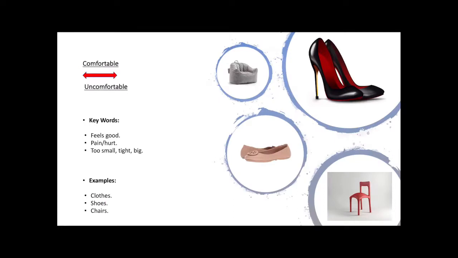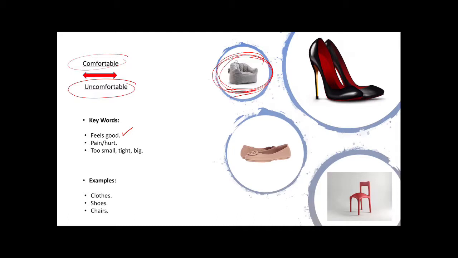Our next vocabulary is comfortable and uncomfortable. We use comfortable to describe something that makes you feel good or feels nice. If we use the pictures to help us, I think this chair here, this chair looks nice. It would feel good.